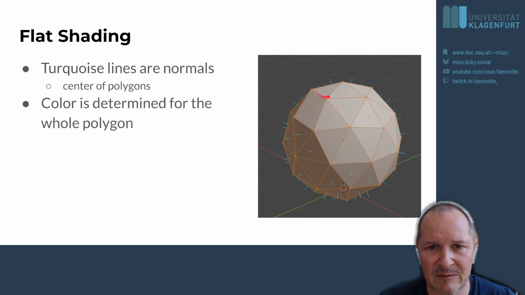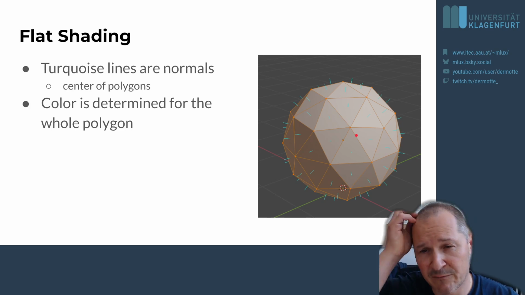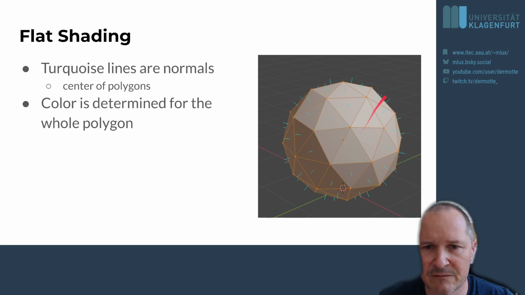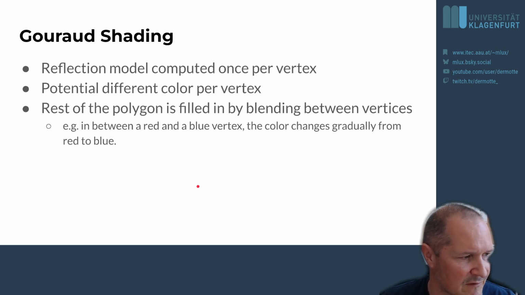Yeah, looks a little bit like a hedgehog with a baldness problem. But that makes the whole color for the polygon. So this one is lighter and this one is darker, depending on the normal, which is the small turquoise line in the center of the polygons.